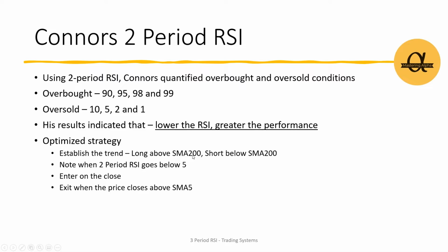Note that he was talking about a particular RSI value in his study. Even though he tested 10, 5, 2, and 1, he chose 5. As soon as RSI goes below 5 and the candle closes, he entered the trade and he exited when the price closed above SMA 5.